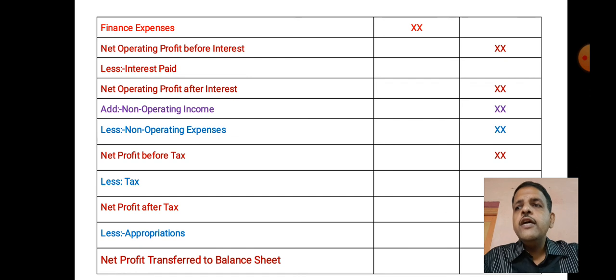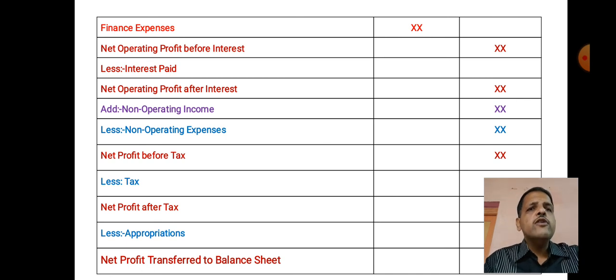It includes dividend on shares, interest on debenture and loan, profit on sale of fixed asset, profit on sale of investment, compensation received, royalty received, share transfer fee received. These incomes are received from activities which are not our normal operating activities, so they are known as non-operating incomes and they are added to net operating profit after interest.